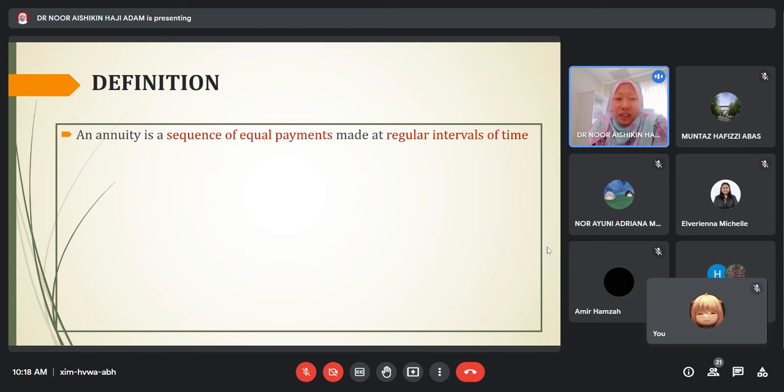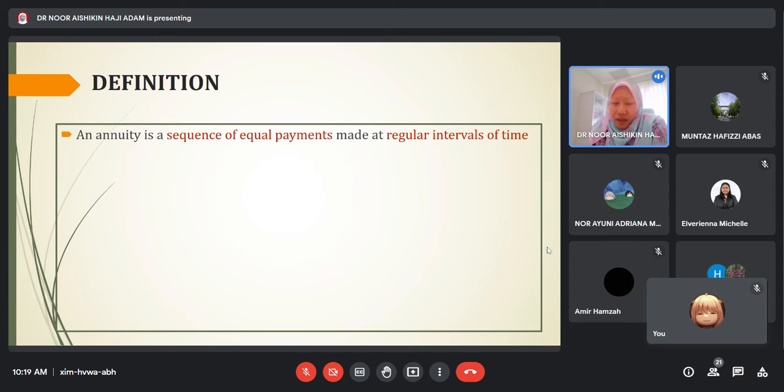There you go. An annuity is a sequence of equal payments or equal investments lah. Kalau you simpan duit, you buat investment lah kan. Payment ni kalau you nak settle off a loan, made at regular intervals of time. So that's what I mean, regular intervals of time.